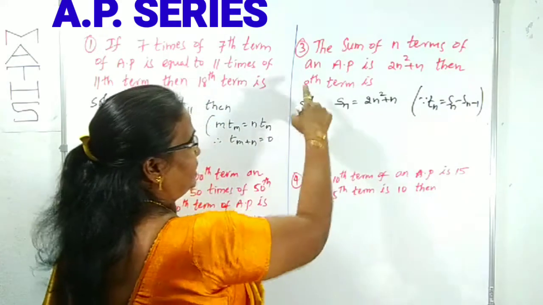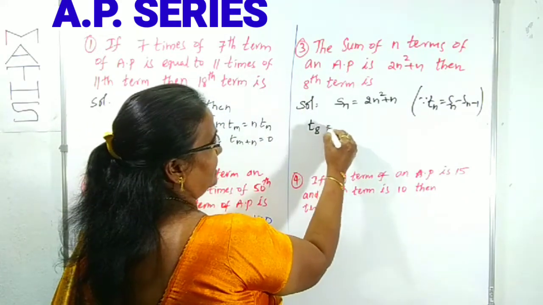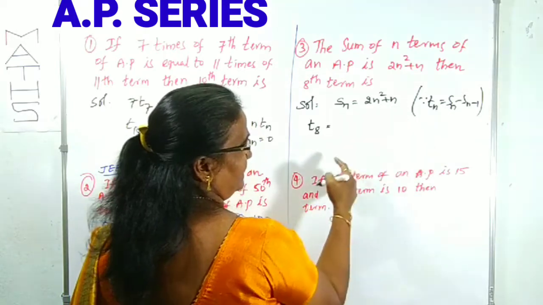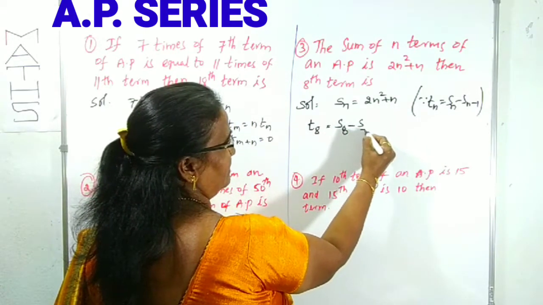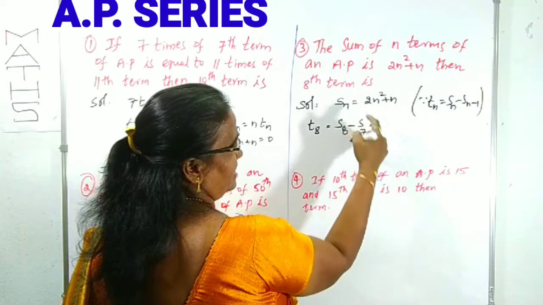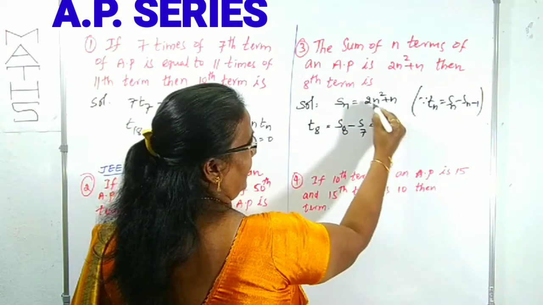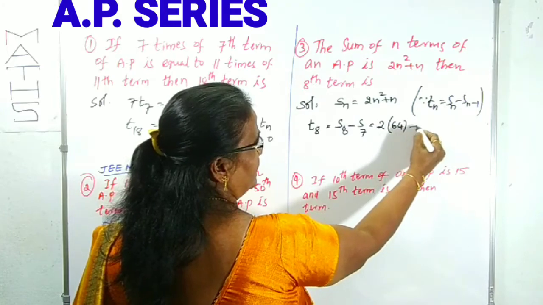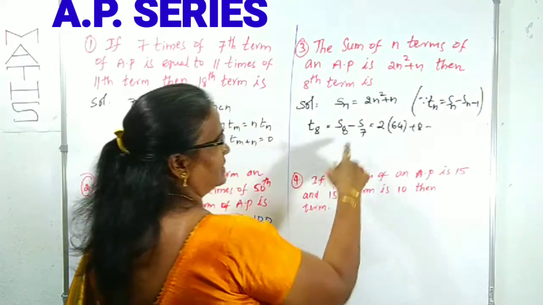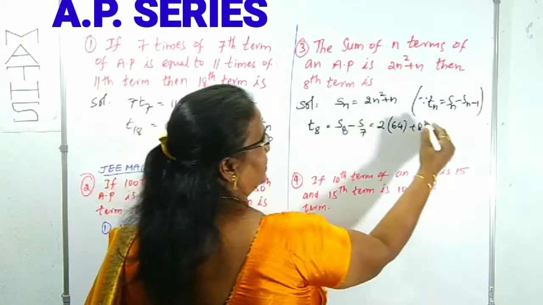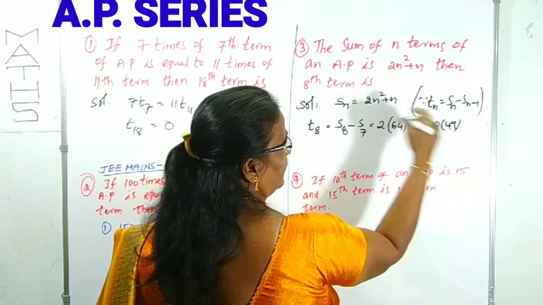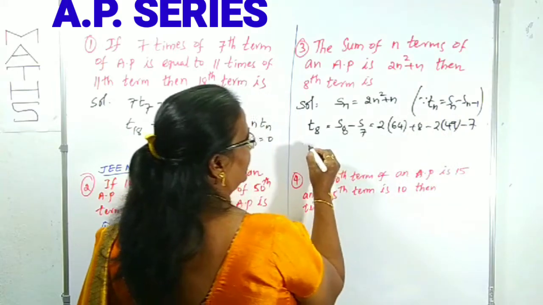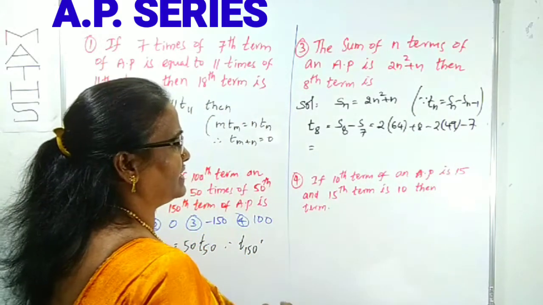The 8th term T8 is asked. In place of n take 8: S8 minus S7. S8 means substitute 8 here: 2 into 8 square, 64, plus 8. With minus S7: 2 into 7 square is 49, plus 7. You know, this calculation I am doing very easily.